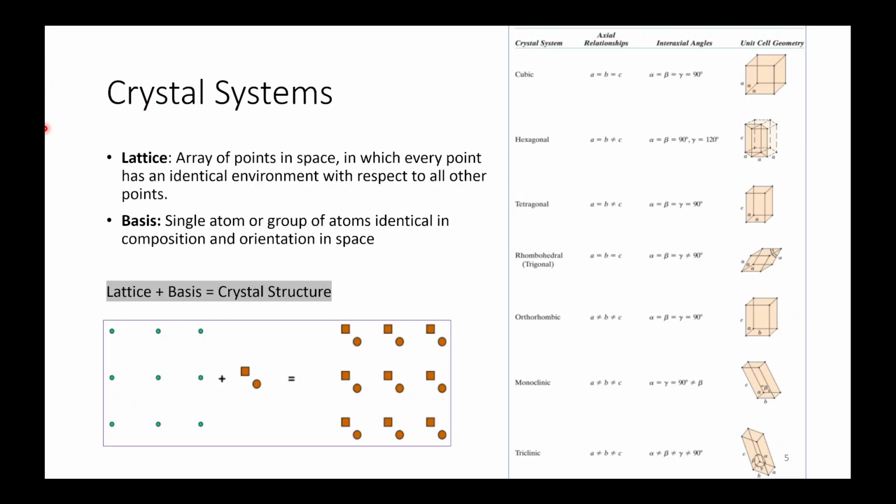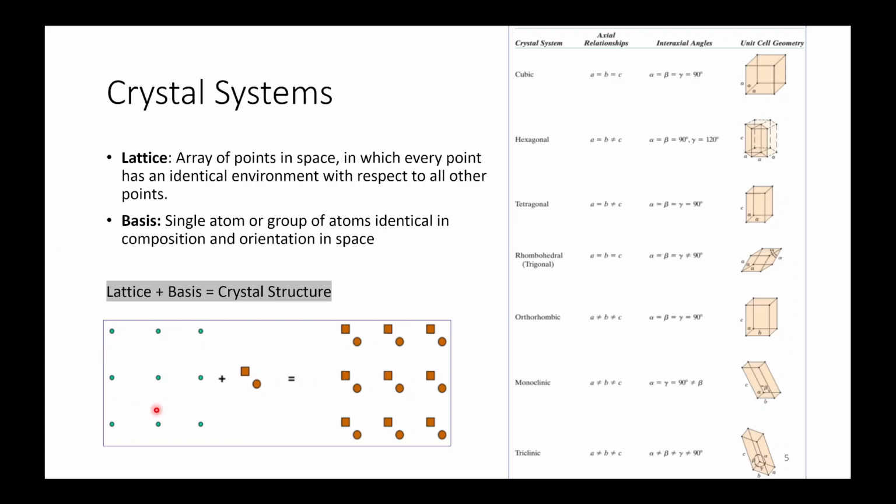Next, crystal systems. Your lattice and your basis combined give you the crystal structure. The lattice is a mathematical representation and the basis is an atom or a molecule. A lattice is an array of points in space in which every point has an identical environment with respect to all other points. The basis is a single atom or group of atoms which are identical in composition and orientation in space.